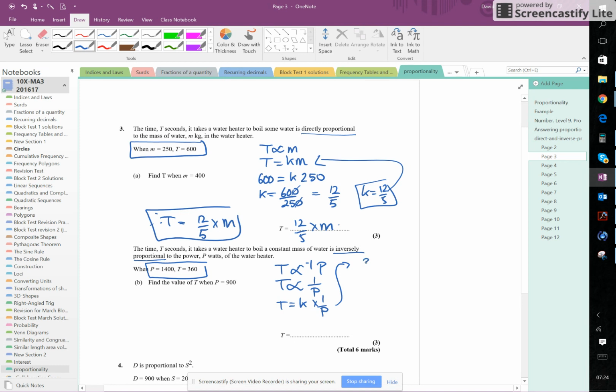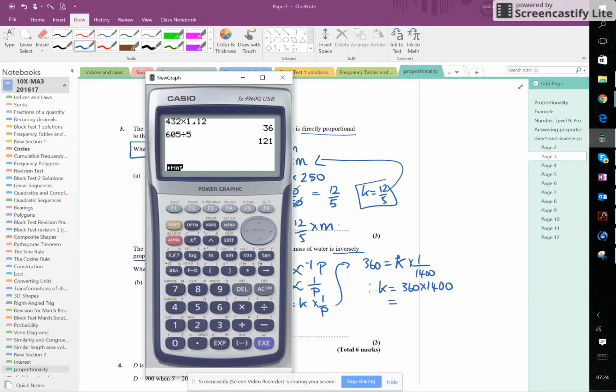So when T equals 360, this is K times 1 over 1,400. So K is 360 times 1,400, multiplying both sides by 1,400. Let's work out what that is. 360 times 1,400.